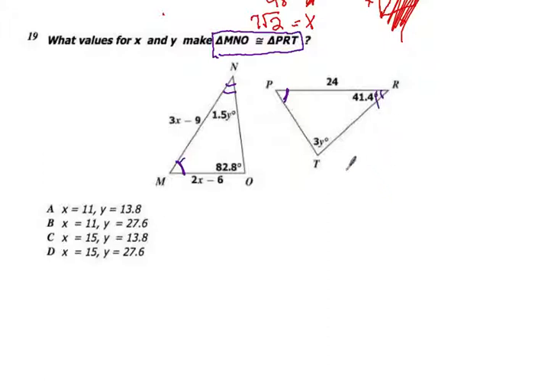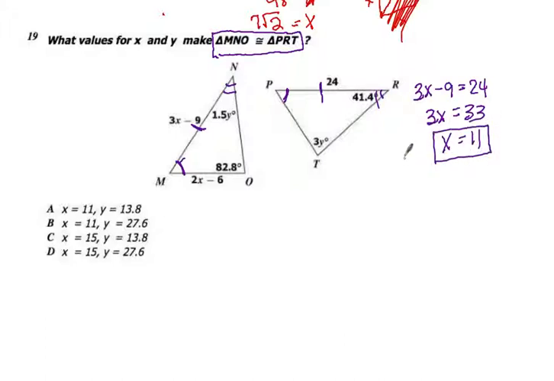All right, so let's find X. So that means MN going from 1 slash to 2 slashes is going to be congruent to PR. So 3x minus 9 equals 24. Add 9, we have 3x equals 33. X equals 11.